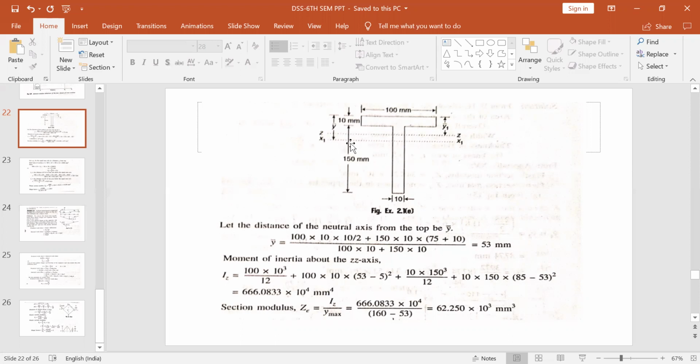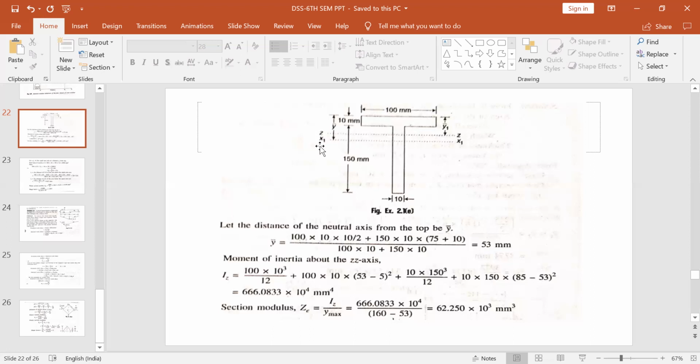You know how to find the location of the elastic neutral axis or centroidal axis for any figure, which you have already studied in strength of materials and engineering mechanics.